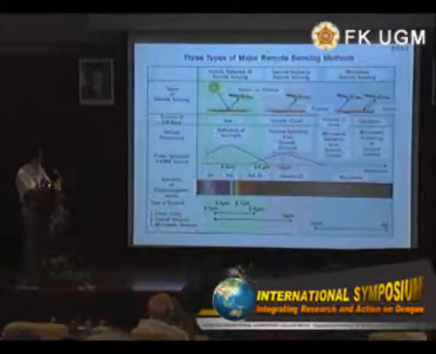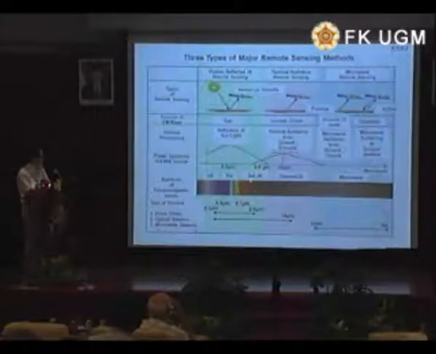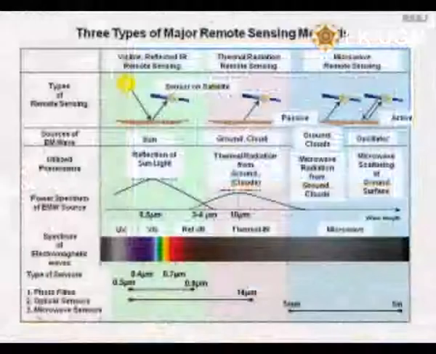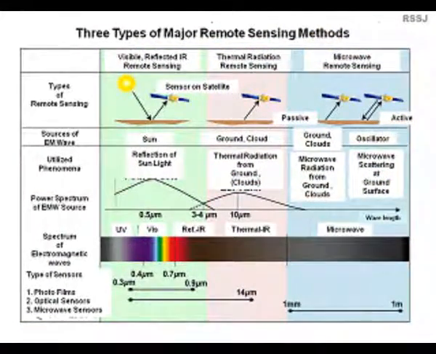Maybe used for ground surface temperature, sea surface temperature, or cloud condition. This is a summary of the three types of major remote sensing method.